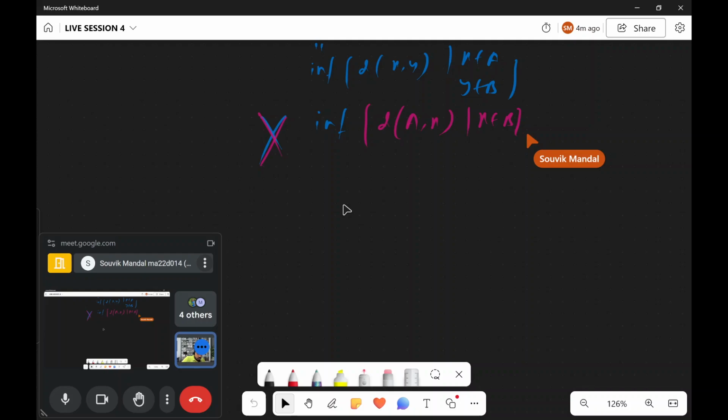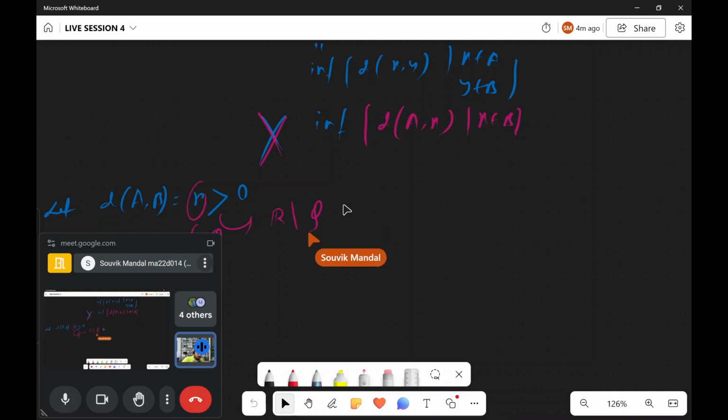So suppose you assume that d of A comma B is equal to r, which is greater than 0. This real number can be rational or irrational, but it should not be our point of concern.